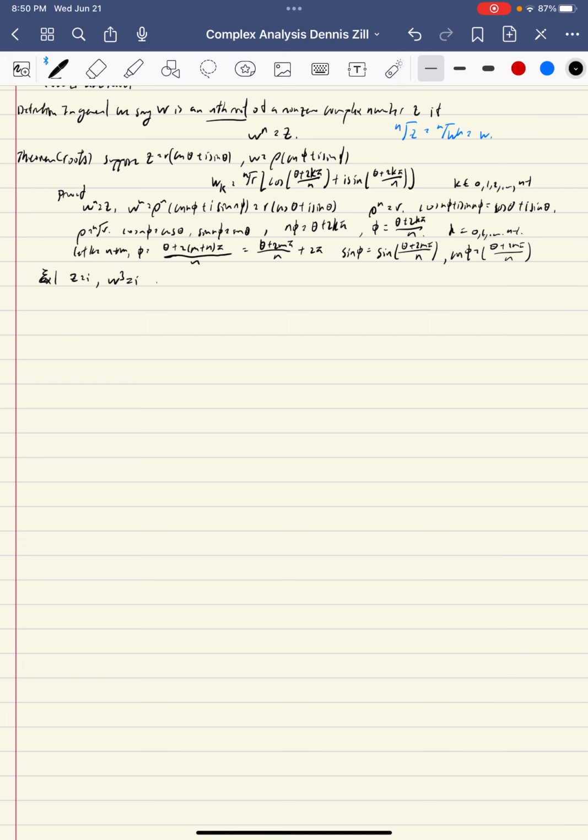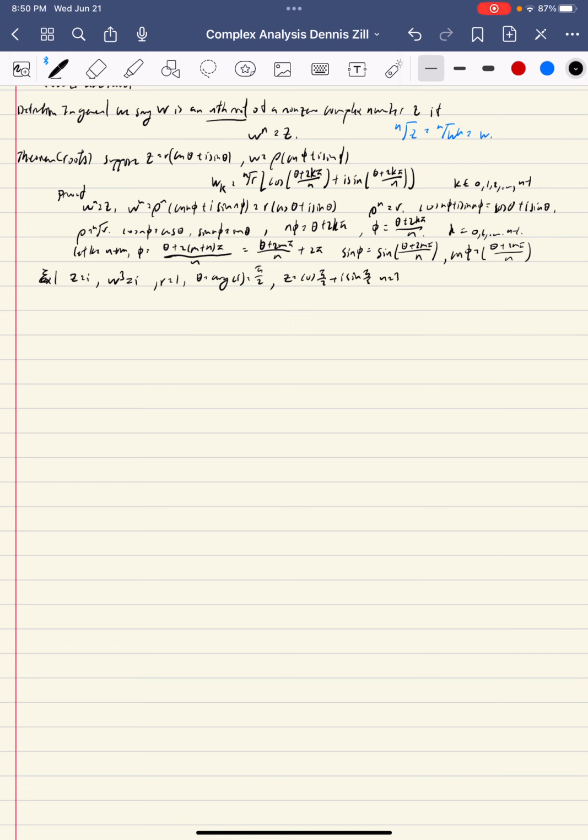Well, with r equal to 1, and theta equal to the argument of i, that is equal to pi over 2. Since r is equal to 1, the polar representation is z equals cosine of pi over 2 plus i sine pi over 2.